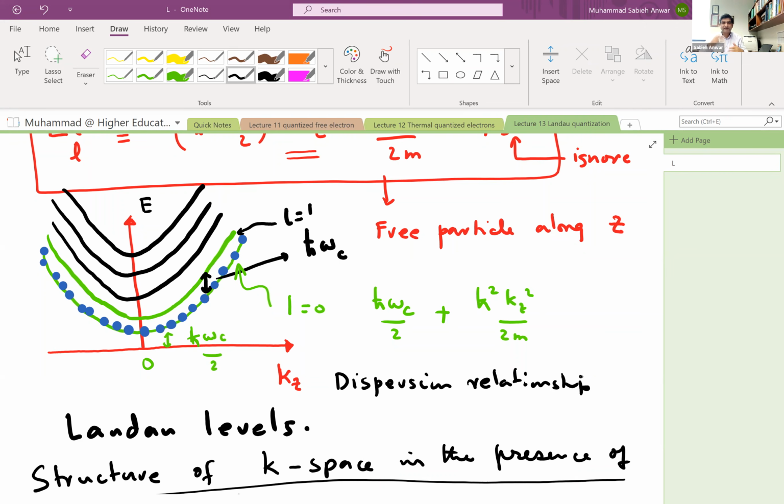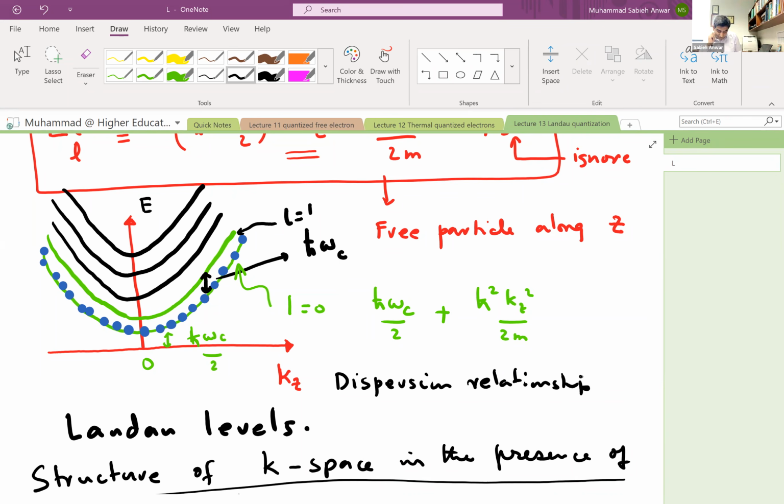Nothing exists between the parabolas. All Kz's are possible, taking into account, of course, the fine-grained structure of Kz because of the finite size of the object along the z-axis. When we apply the boundary conditions, Kz becomes quantized, we know that. So taking into account that quantization of Kz, Kz takes a continuous range of values, but the energy becomes quantized overall. So this is Landau quantization.